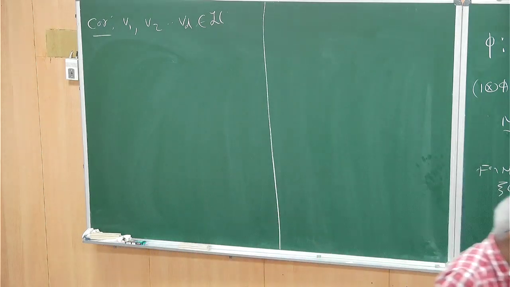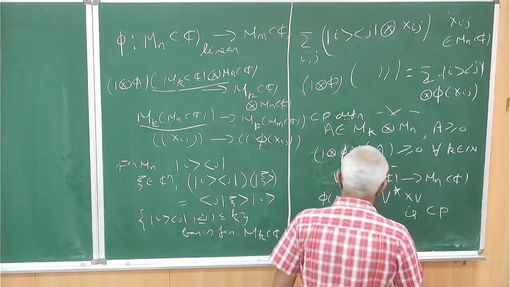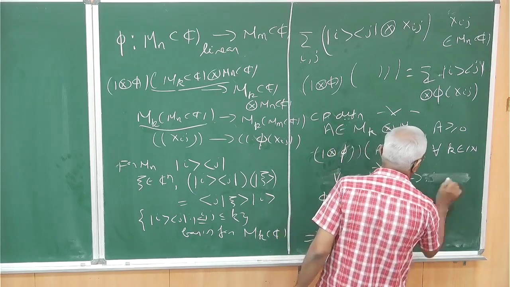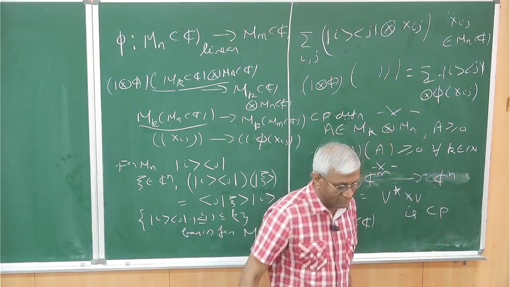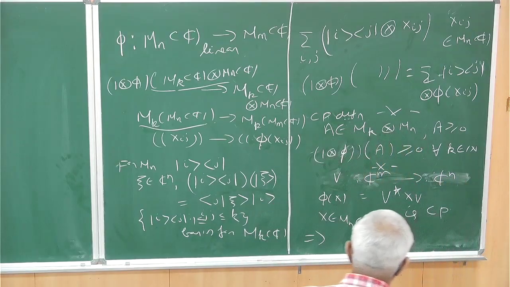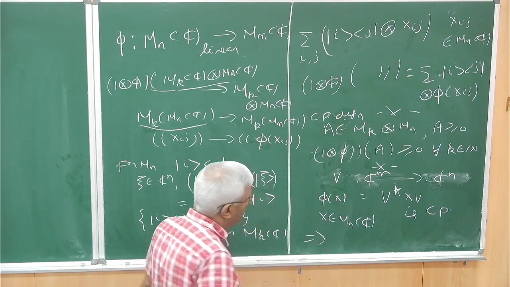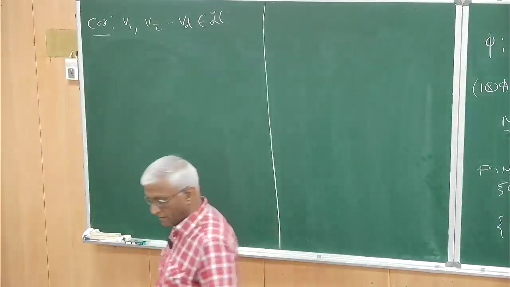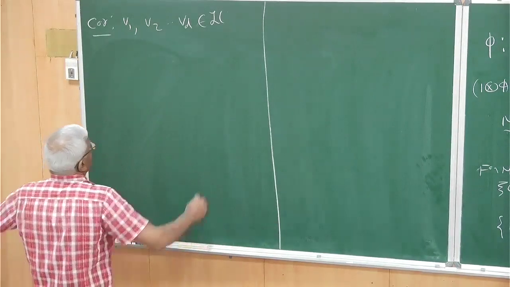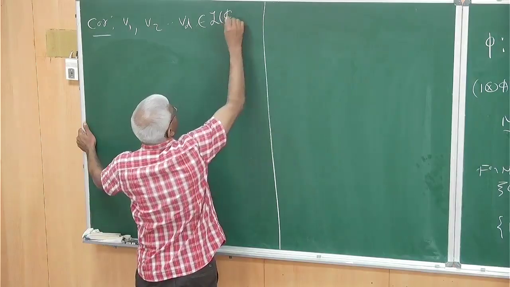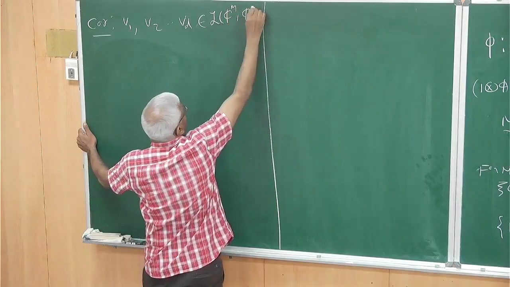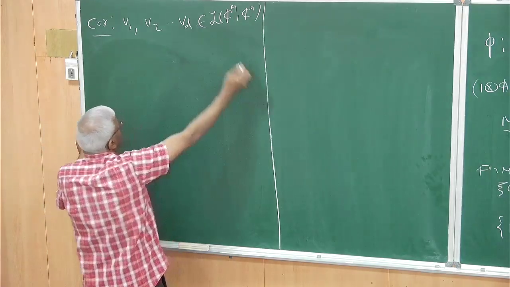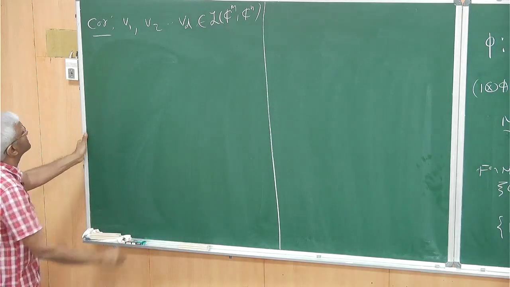Here it should be from Cm to Cn. It is just an M cross N matrix.